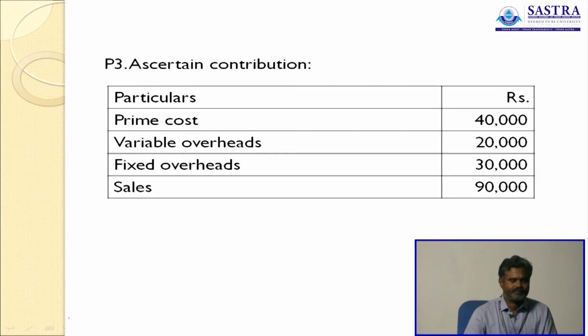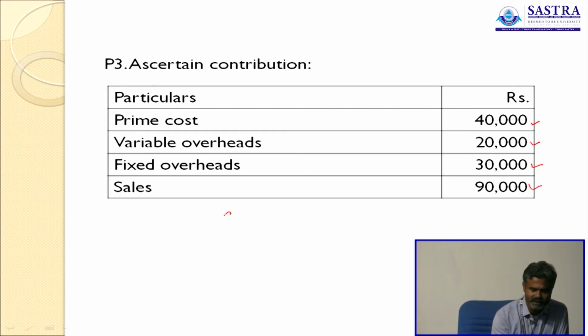Problem number 3. Ascertain contribution. Prime cost 40,000, variable overheads 20,000, fixed overheads 30,000, sales 90,000.